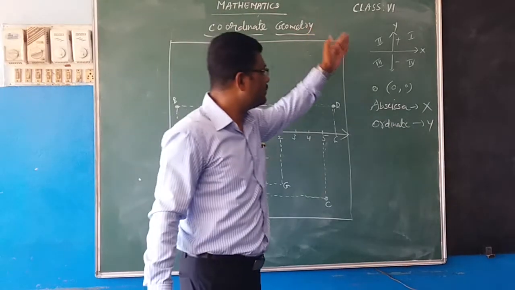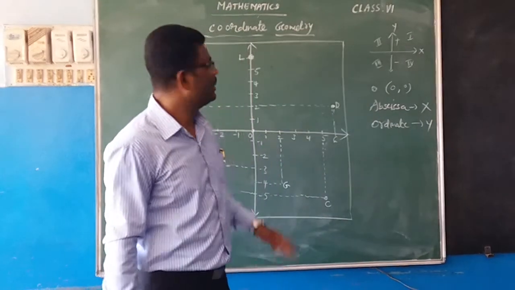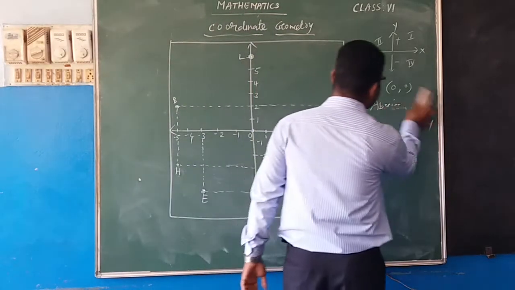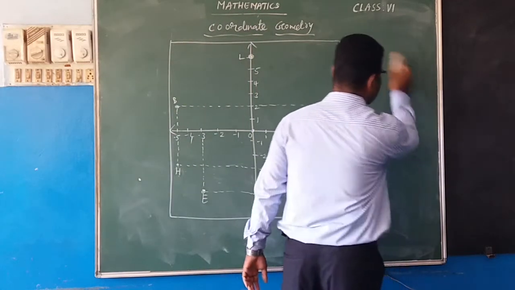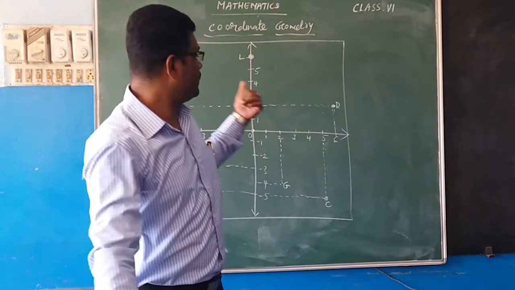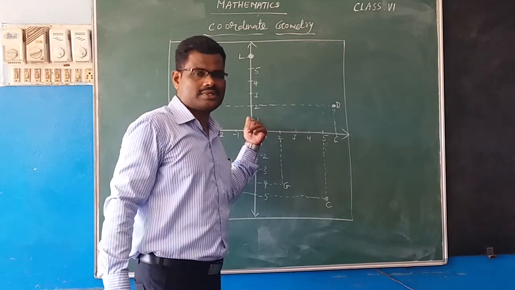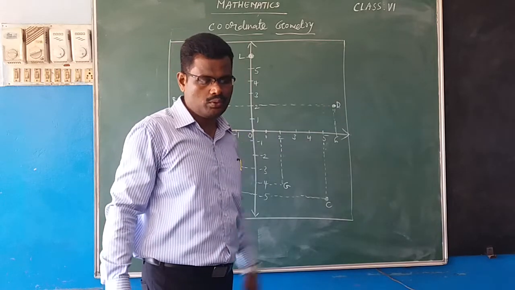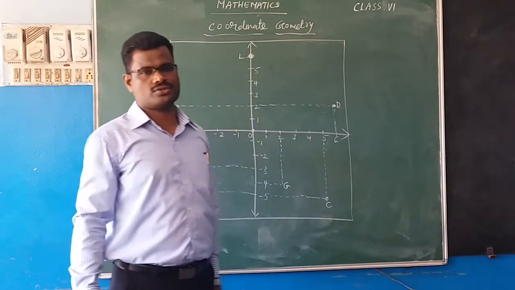So that part we have seen already. Now let's continue the chapter. Here you can see a graph. The figure is given. In the figure, we need to find some of the values.